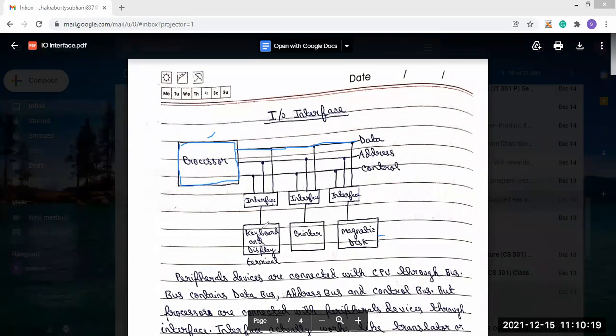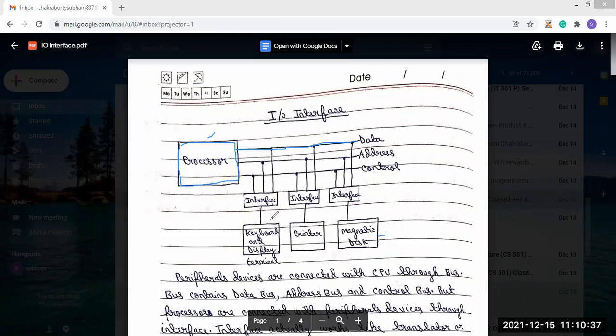Now, what is the purpose of using this interface? Because we could directly connect the input output device to the processor. Then what is the purpose of the interface?